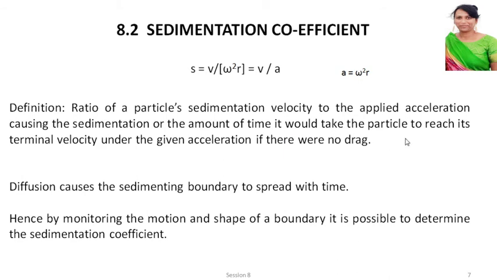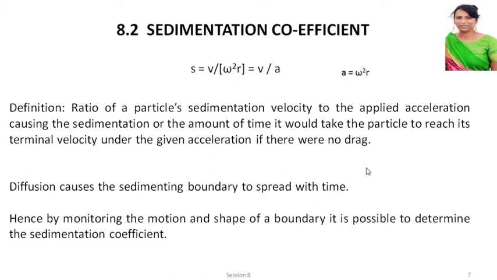amount of time it would take the particle to reach its terminal velocity under the given acceleration if there were no drag. Okay, there should be no drag, and how much time it will take to reach the terminal velocity is called the sedimentation coefficient.